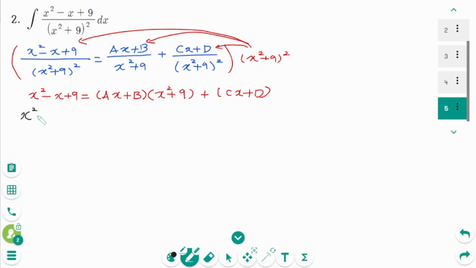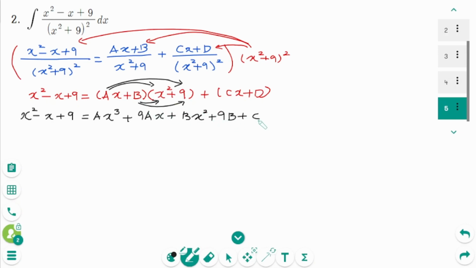x squared minus x plus 9 equals, expand the basic equation, ax cubed plus 9ax plus bx squared plus 9b, then plus cx plus d, equals, collect the like terms.